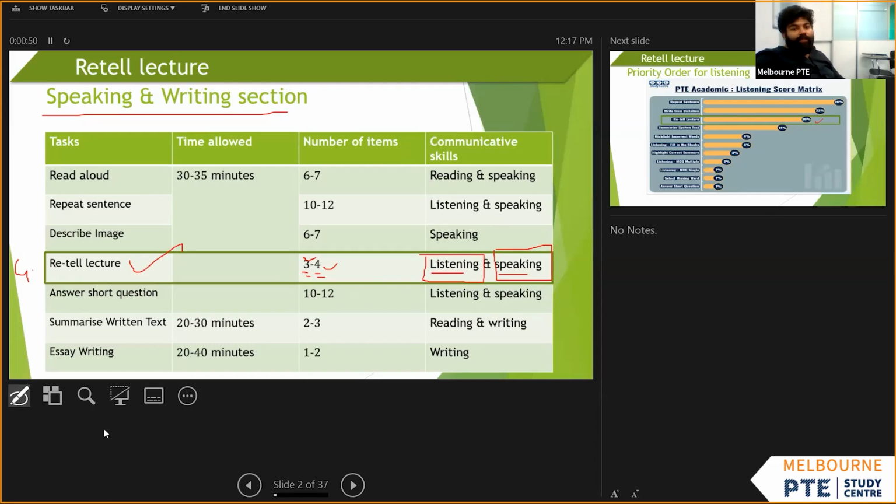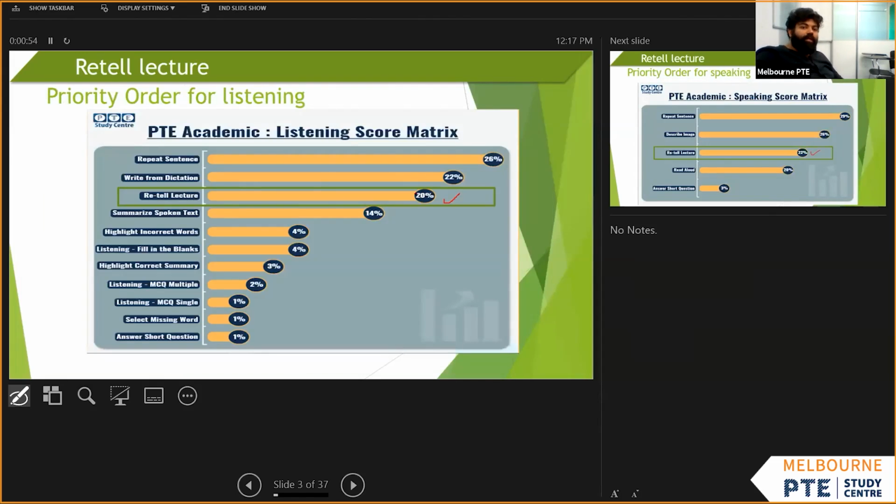Now, if we talk about its weightage towards listening, that will be around 20%. So you can say quite important. All three topics we are discussing today are the most important ones for your listening.